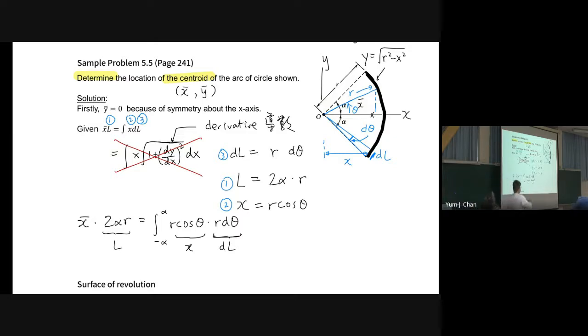Our theta goes from minus alpha to plus alpha, so we are only doing our integration from minus alpha to plus alpha.